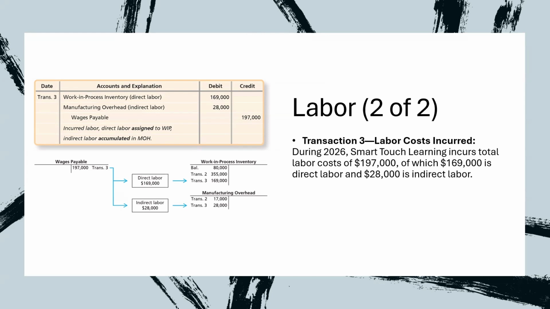The indirect labor costs are accumulated in manufacturing overhead by debiting that account. So this is the same treatment as for the direct and indirect materials that was illustrated in transaction number 2 on the previous screen.